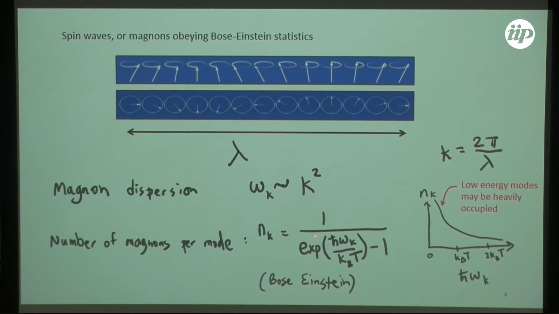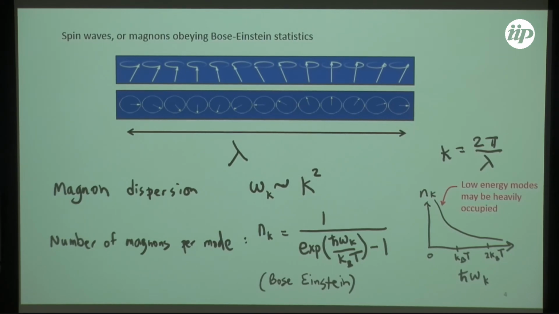And if you plot this number of magnons for that mode as a function of frequency or energy, you notice that as you go to lower energies, this distribution starts diverging. And so there's the chance these low energy modes may be heavily occupied. And if you have lots of magnons, it could shake everything up and destroy the magnetic order. So this is the idea of the Mermin-Wagner theorem.